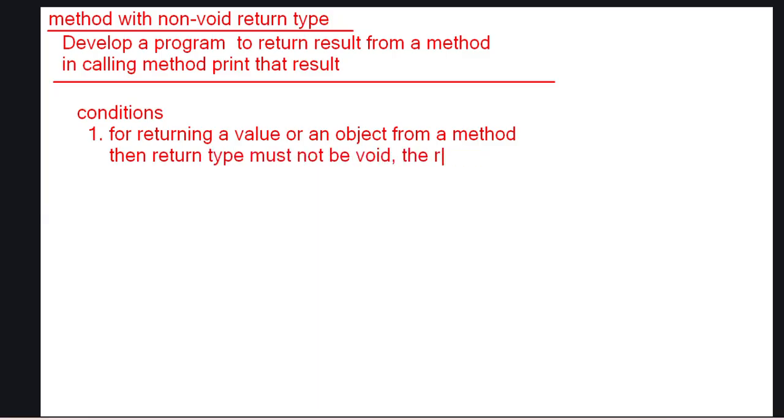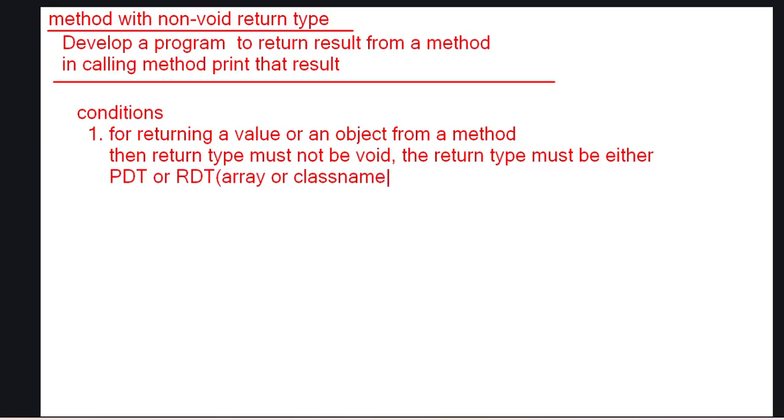The return type must be either a primitive data type or a reference data type, in brackets array or class name, based on the type of value or object we are returning from this method.